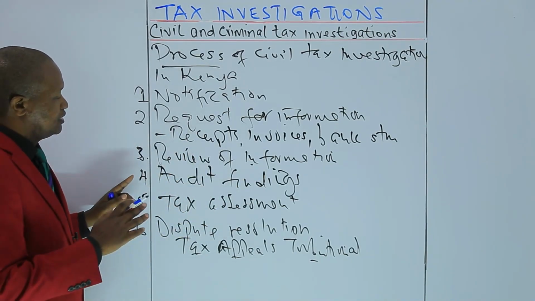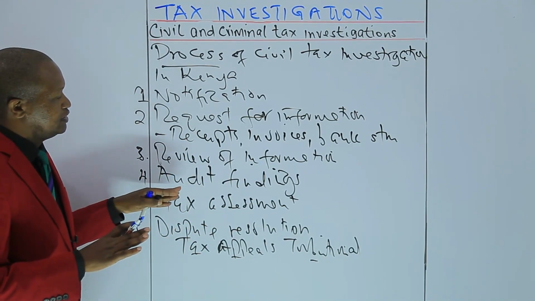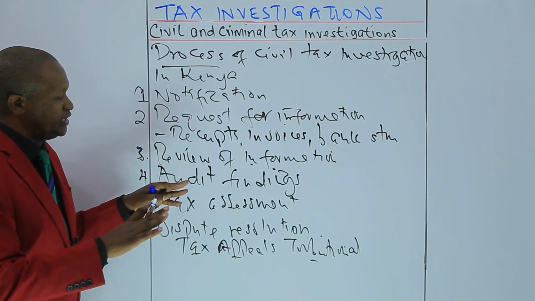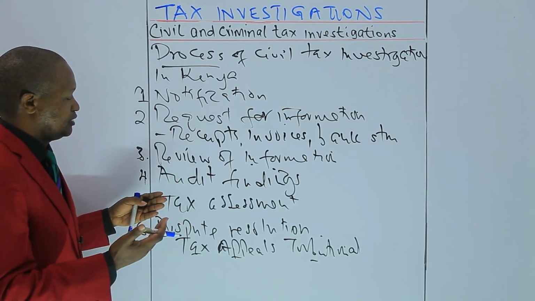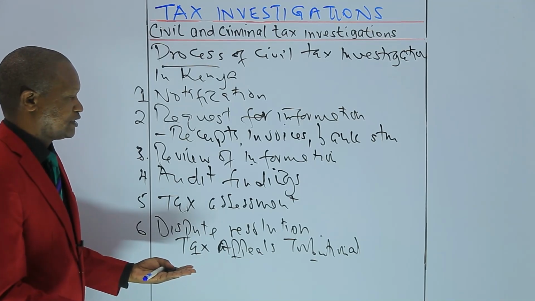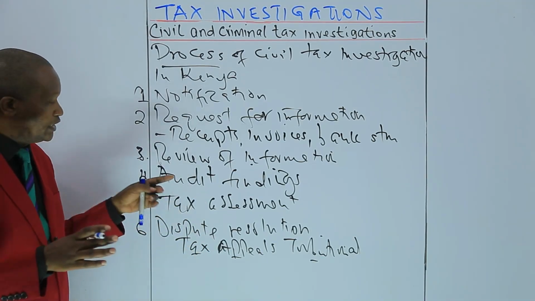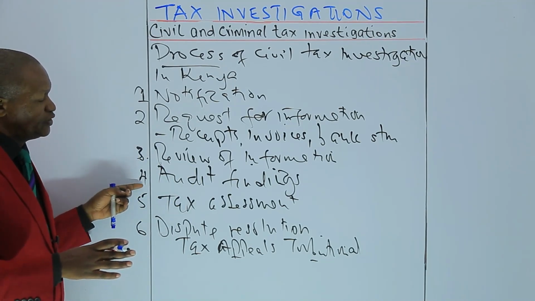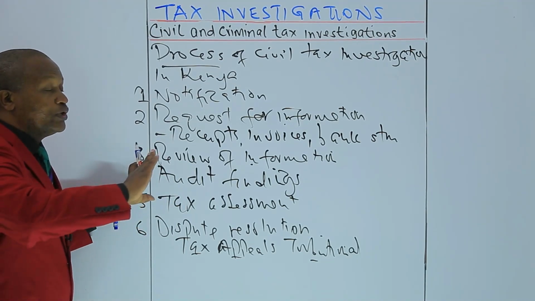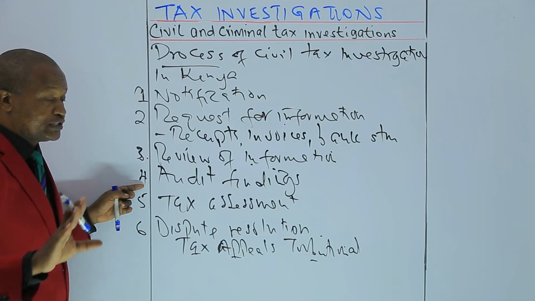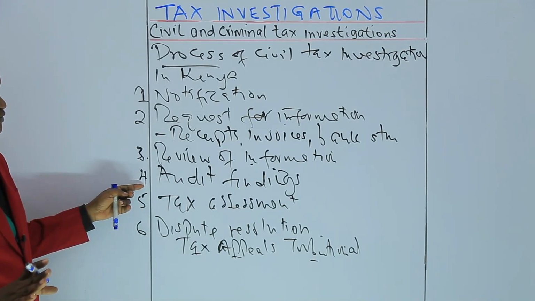After that, in step number 4, the revenue authority generates an audit report where it comes up with the audit findings, right? Based on the review in step number 3, the revenue authority comes up with the audit findings in an audit report.